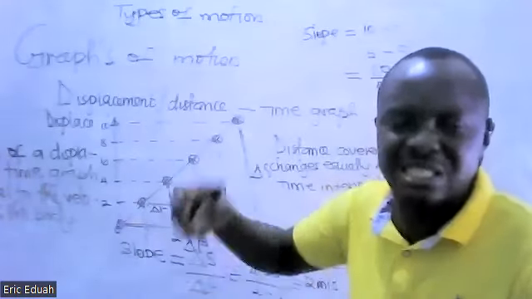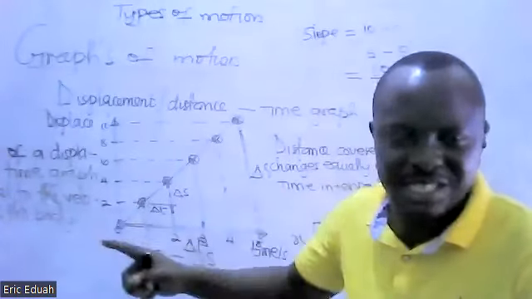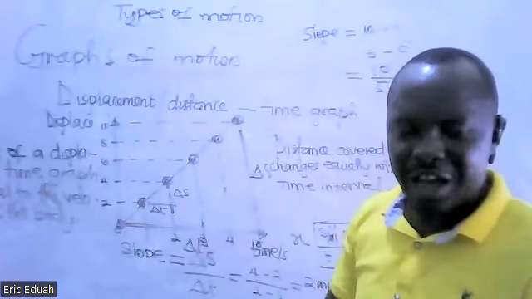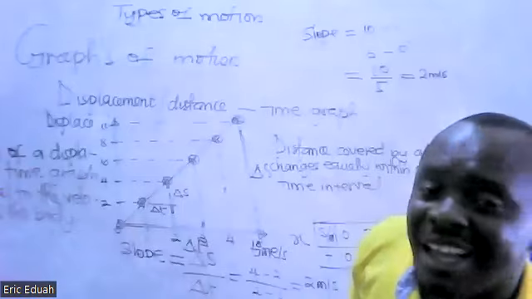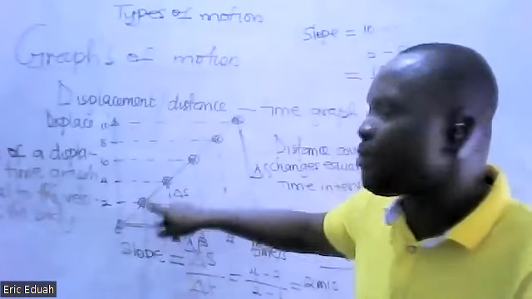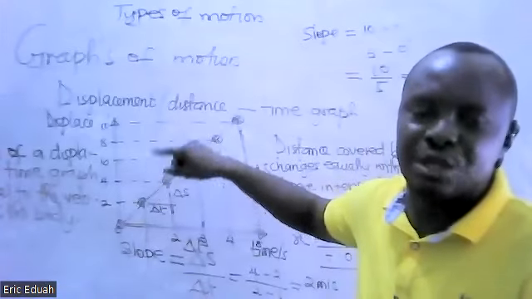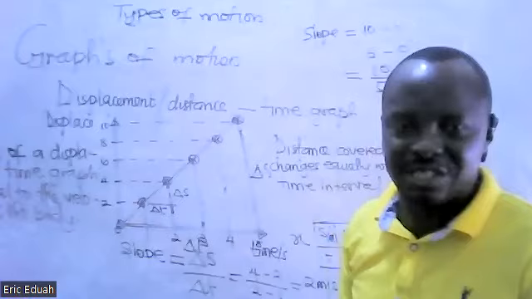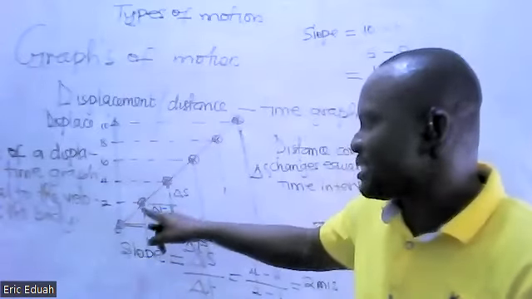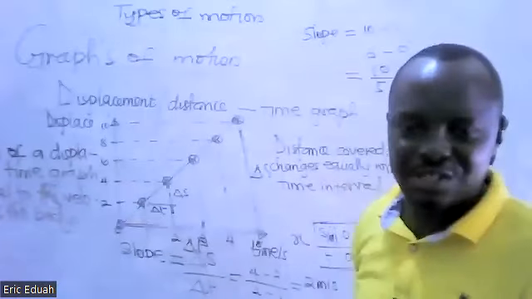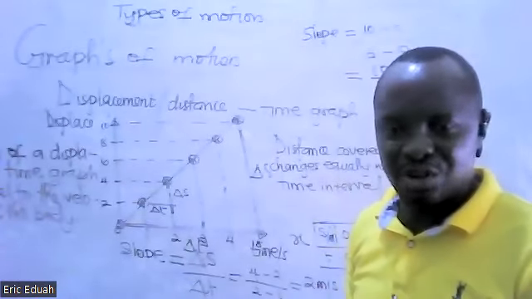That's why we said it's uniform. The slope of a displacement time graph gives you the velocity of the body, and this velocity is constant or uniform, hence uniform velocity motion. Are you okay?